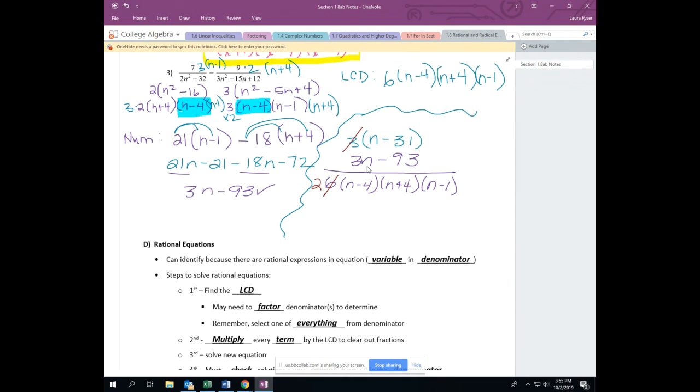Even something that small has to be done in order for this thing to be considered simplest form. So if I divide the 3 out, I'm left with n minus 31 on top, and on the bottom, I now have a 2 in front, but all the monomial stuff is the same. n minus 4, n plus 4, n minus 1.